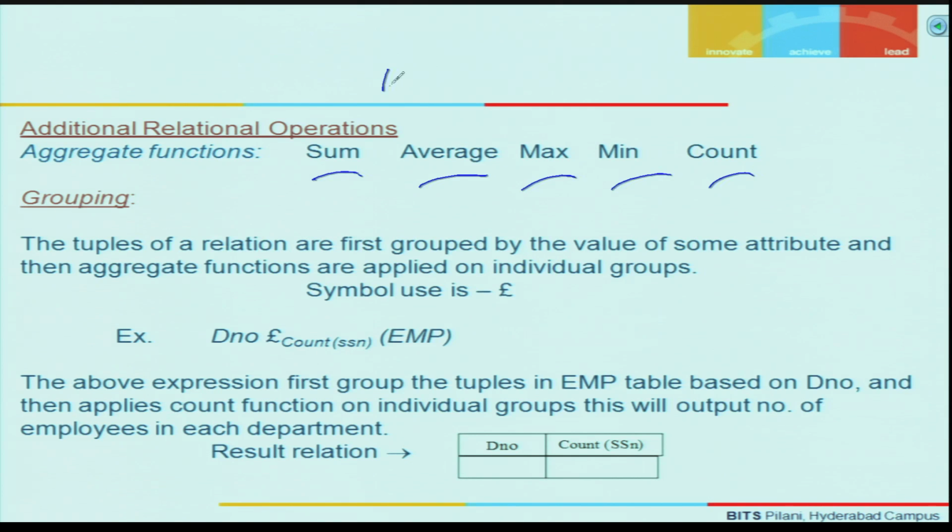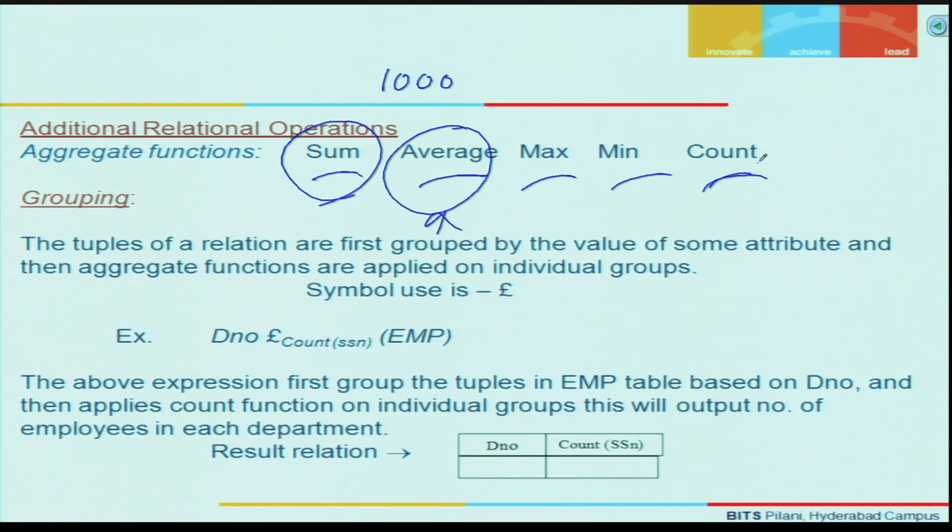Suppose there are 1000 integers in a list, and you apply sum, it will return only one value, and average also will return one value. Similarly, maximum and minimum will also return only a single value. Count is a very special kind of aggregate function which will always return the number of elements in the given sequence or the list, not set.